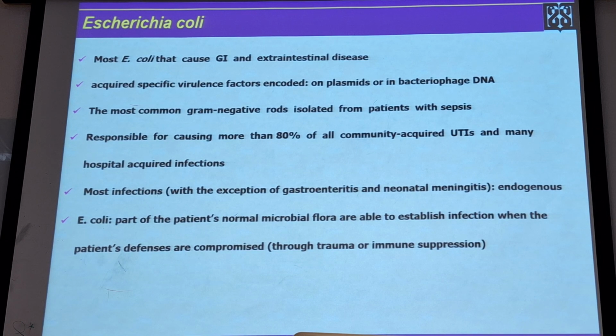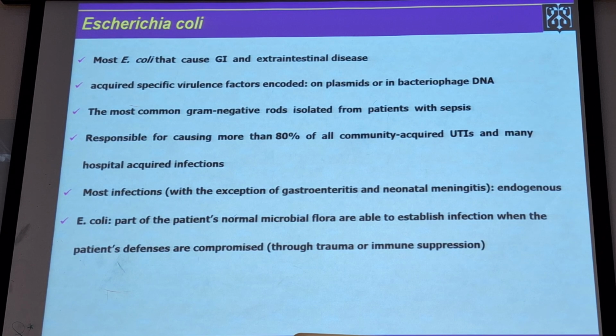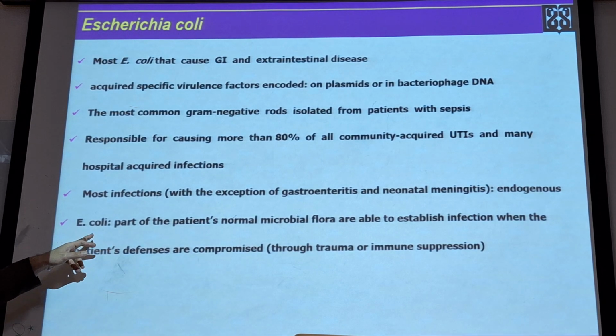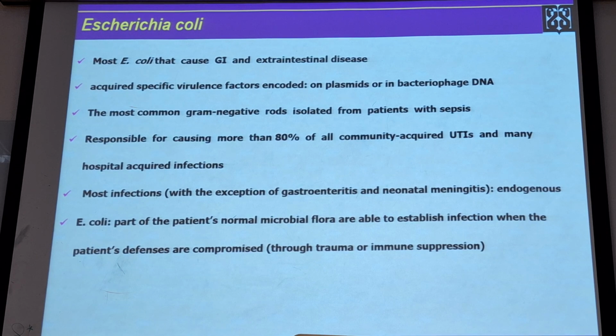Because E. coli is a common intestinal commensal, E. coli that are part of the patient's normal microbial flora are able to establish infection when the immune system is weak.